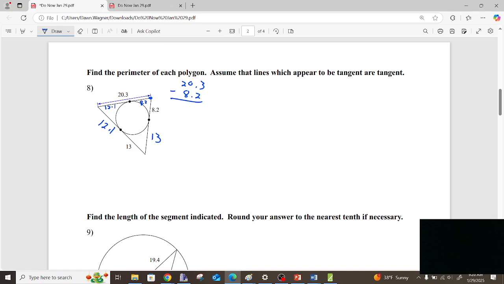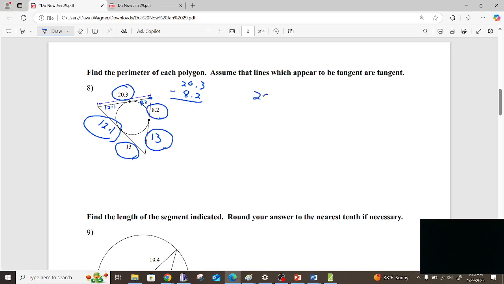Be careful, you only want to add the outside pieces. You don't want to accidentally double add a segment. So I'm going to do 12.1, 13, 13, 8.2, and 20.3. And that will give me the perimeter of that triangle.